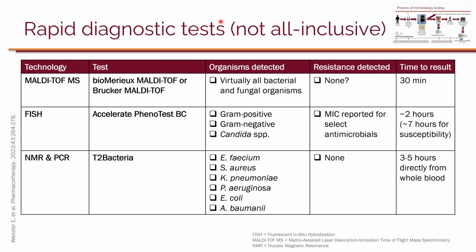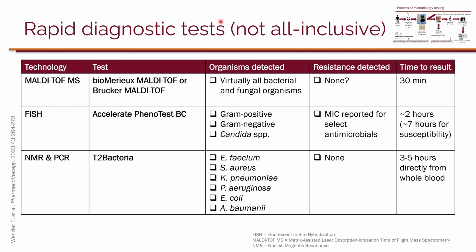And last but not least, we have NMR and PCR. We have a test called T2Bacteria, and this can detect Enterococcus faecium, Staphylococcus aureus, Klebsiella pneumoniae, Pseudomonas aeruginosa, and E. coli. At the moment, it cannot detect resistance. And this one is very fast.